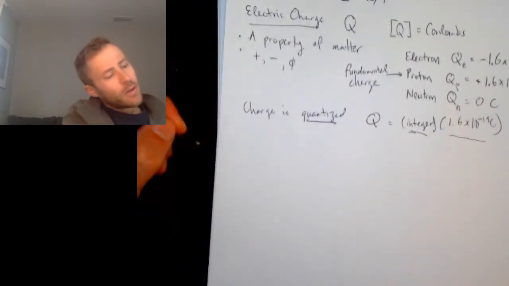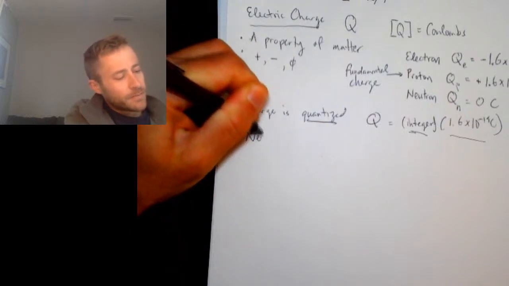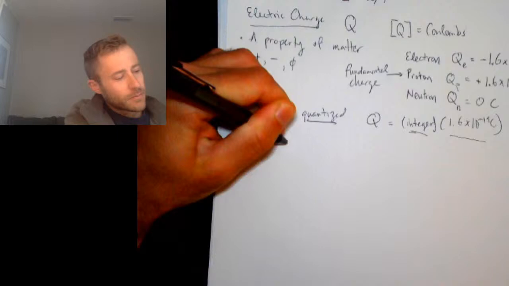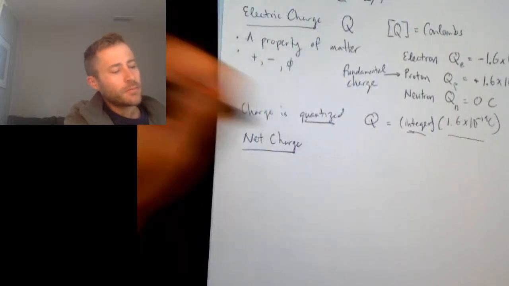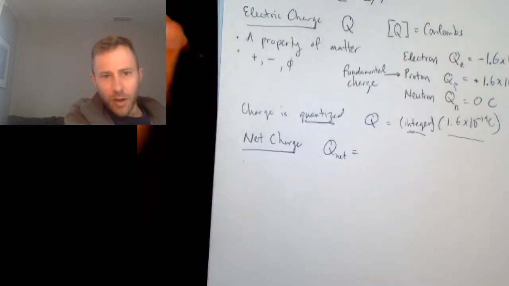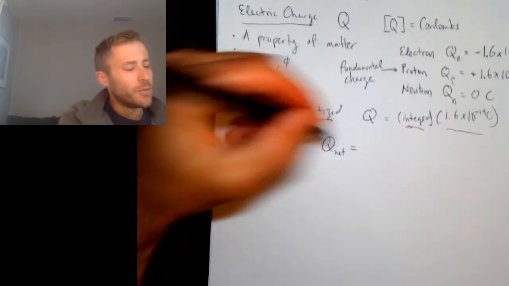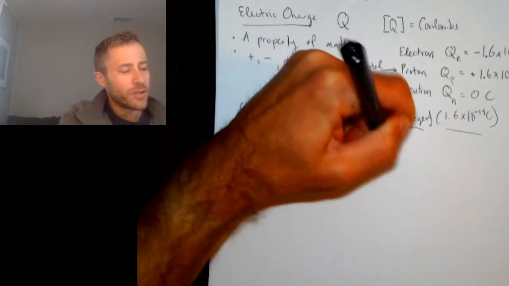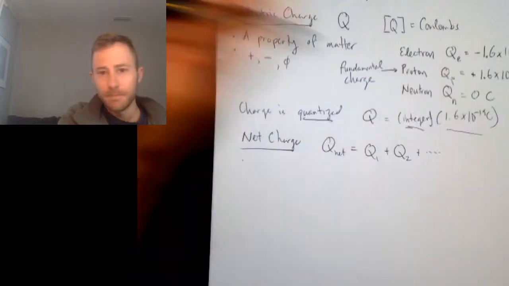Okay? So the net charge of something, Q net, is just going to be the sum of the charges of the individual pieces of a system.